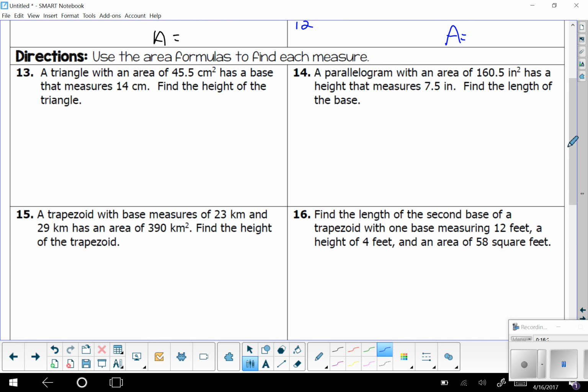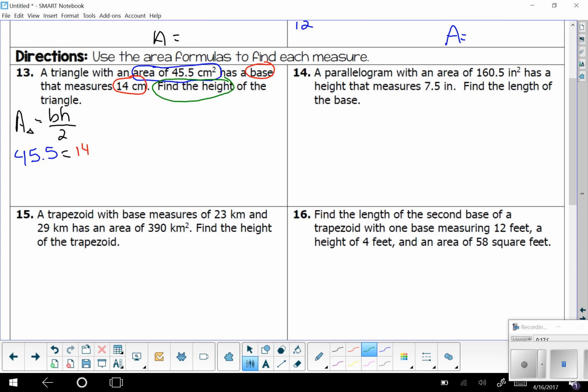A triangle with an area of this. So now what's happening is they're giving us the area, and they're giving us the base that measures this. We need to find the height. So area of a triangle is equal to base times height over 2. We have the area, which is 45.5. We have the base, which is 14.